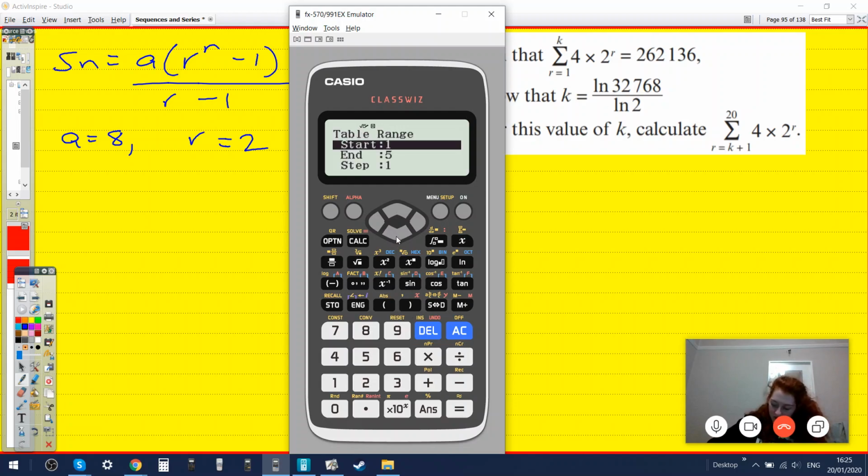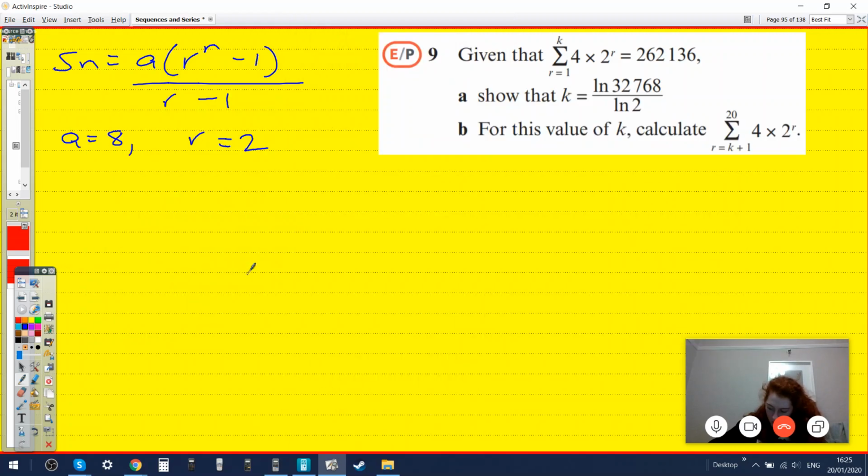So by simplifying it, it just goes to 8 times 2 to the n minus 1, because if r equals 2, the bottom would just equal 1. This is for the common ratio, is it?